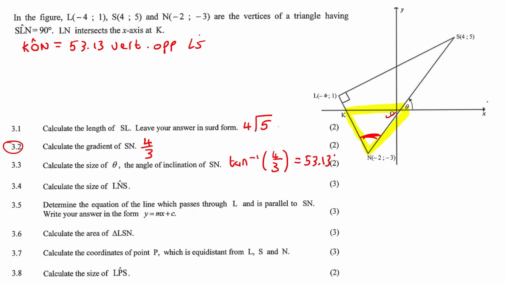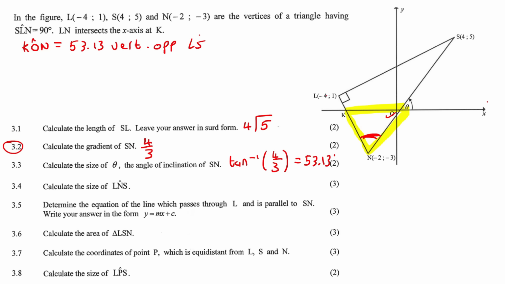Now, if you look at this area over here, where do you think the 63.43 is? Is it this one? Or is it this one? Oh, it's this one. It's the smaller one, okay? It's the one that's less than 90 degrees. So this is going to be 63.43 degrees. So that means this angle, because of vertically opposite, would also be 63.43. So we could say that angle NKO is going to be 63.43 degrees, and that is because of vertically opposite angles.